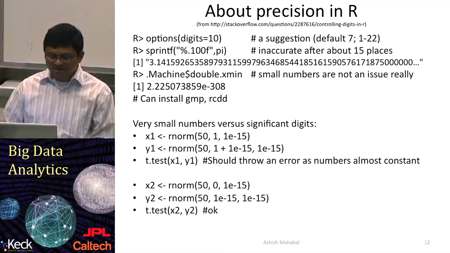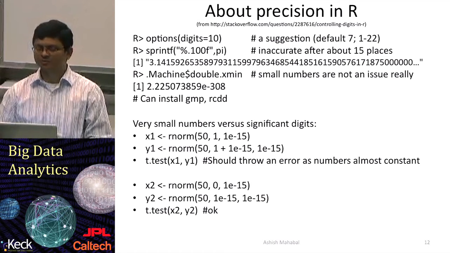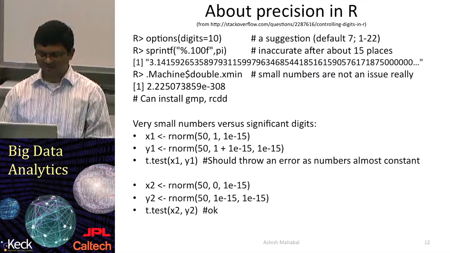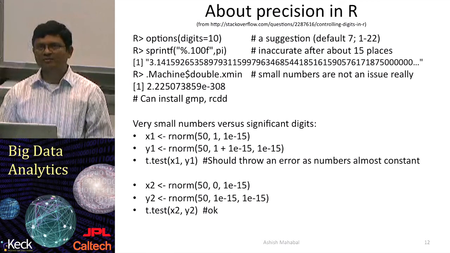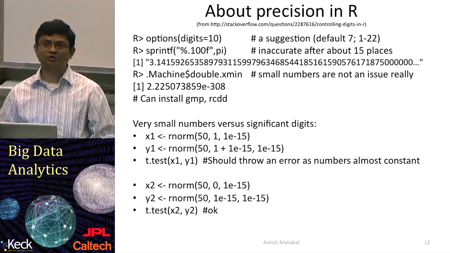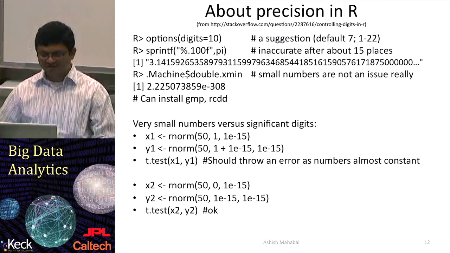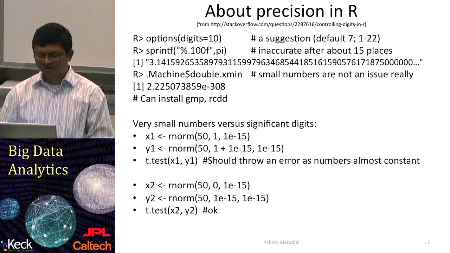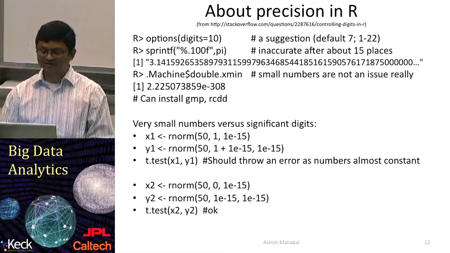But then again, when it is that you may run into problems, that is what is shown in the next example. So if you are trying to compare very small numbers versus significant digits, then some things that you have to keep in mind are that if the differences are very small, so that the numbers start looking constant and they're not close to 0, then you can be in trouble. So the first example here shows that we are assigning to x1 50 numbers with a mean of 1 and a standard deviation that is very small, 1e-15.